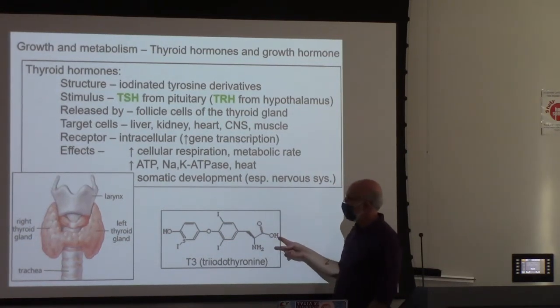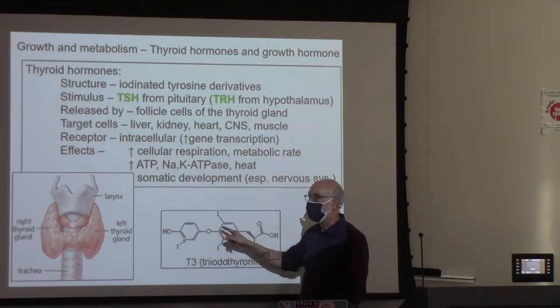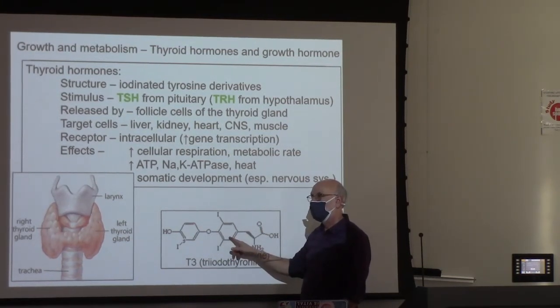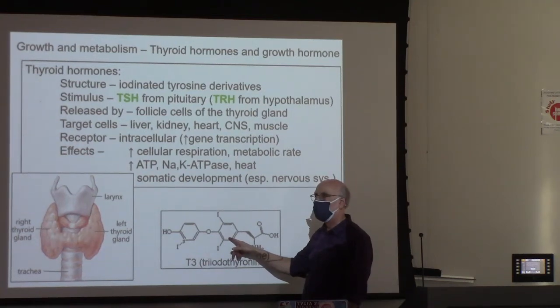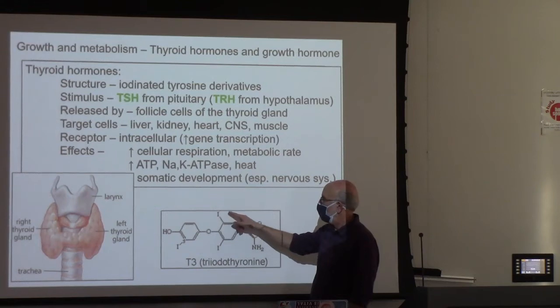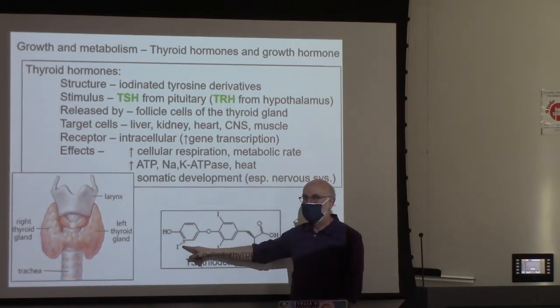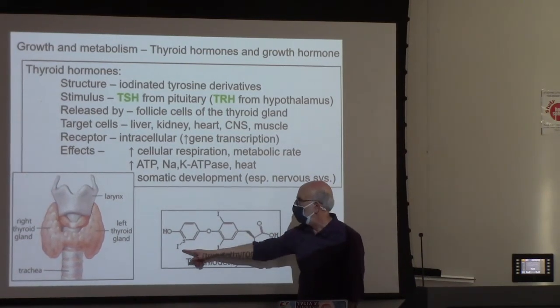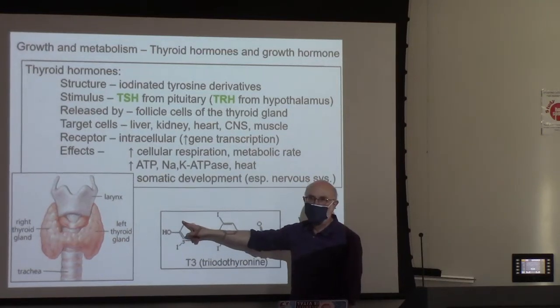Here is the structure of T3. Two rings that came from tyrosine and multiple iodides, either 3 for T3 or 4 for T4.